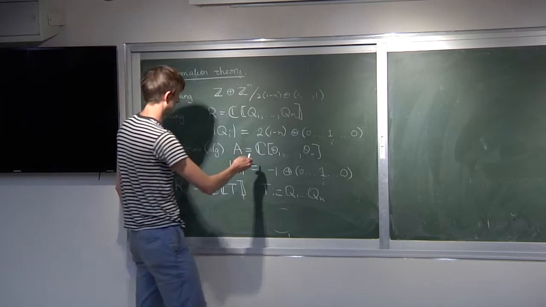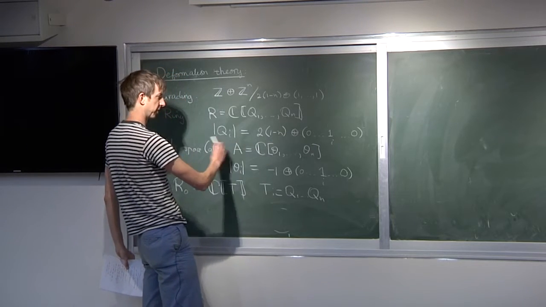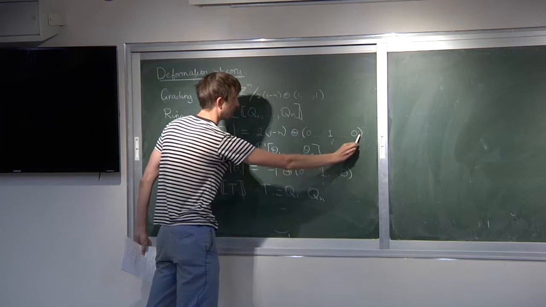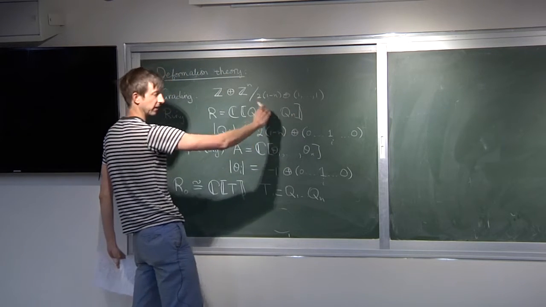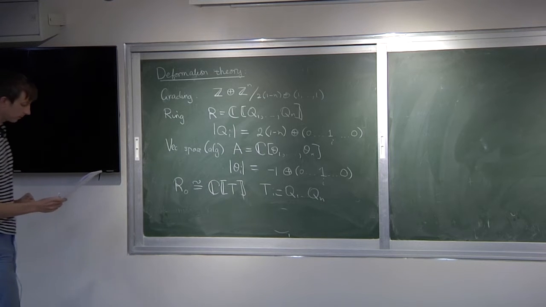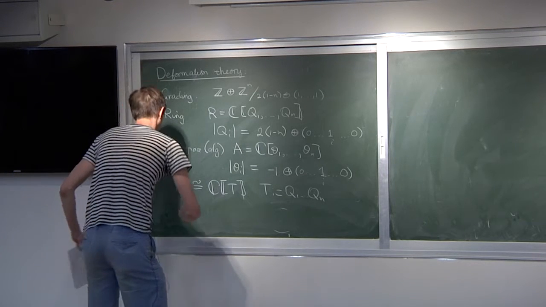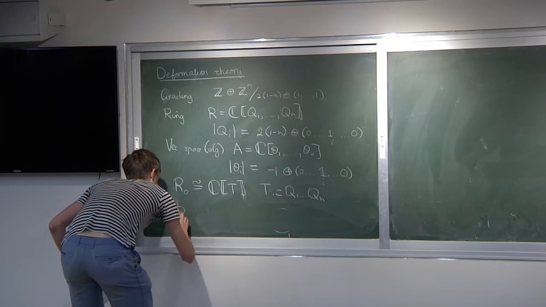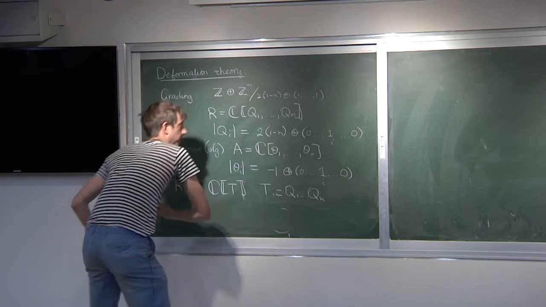Because that one, if you add up all the degrees here, you're going to get 1, 1, 1, 1, 1 here, and that's going to get killed in this quotient. All right. So also recall, let me write this one up here.